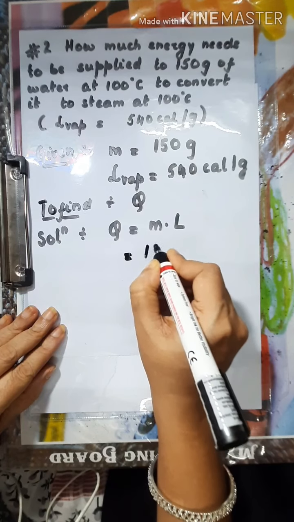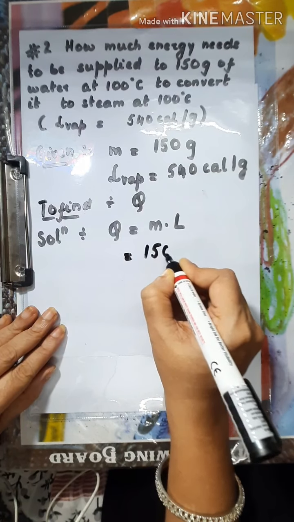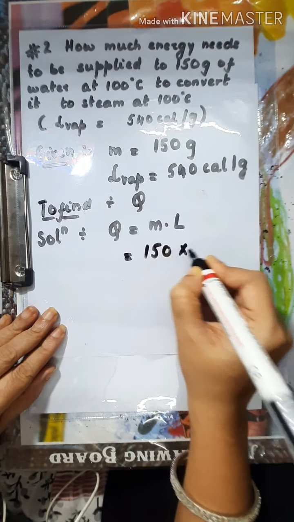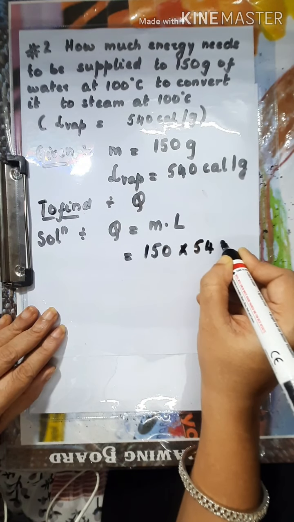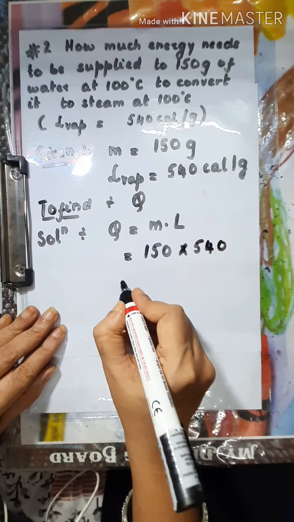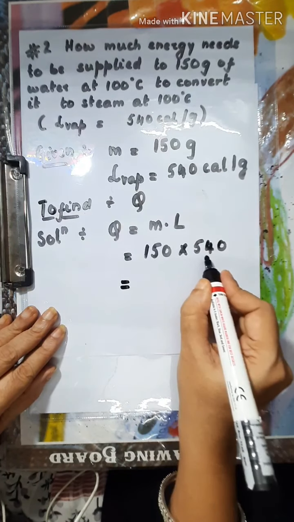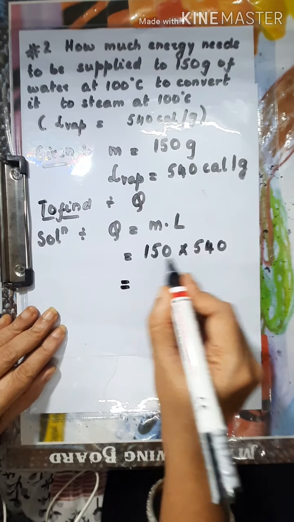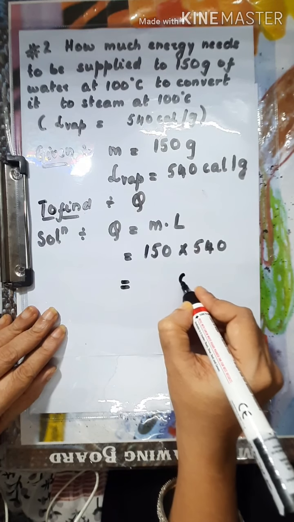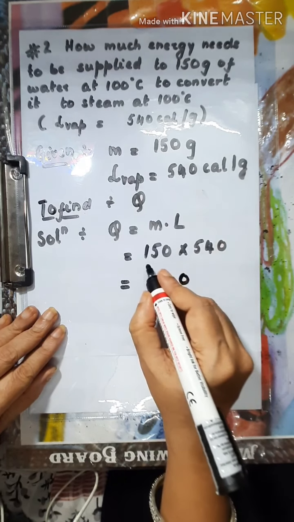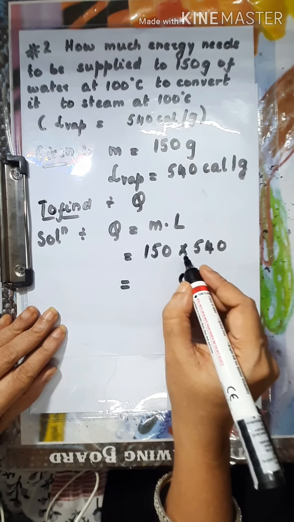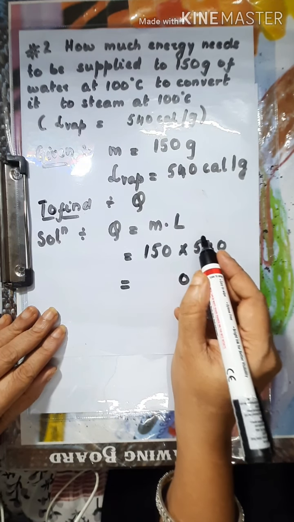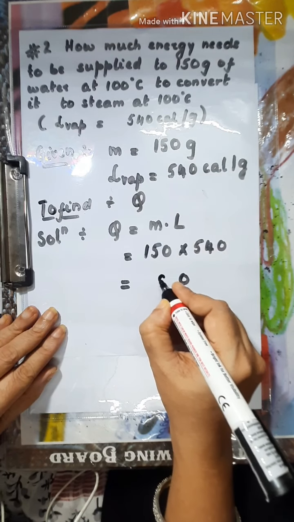M is 150. What is L? L is 540. Now, can I multiply 15 by 54? 15 fours are 60. 15 fives are 75. 5 plus 6 is 81.